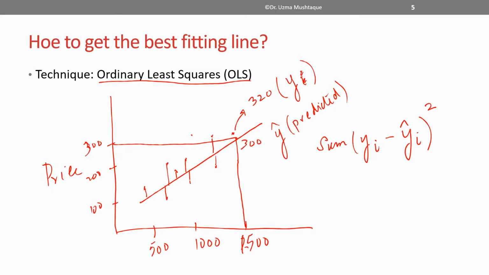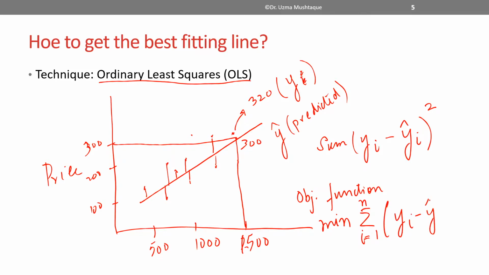So my objective function for this problem is to get the min of the sum, for i from the first to the nth value, assuming there are n values, of (y of i minus y hat) squared.